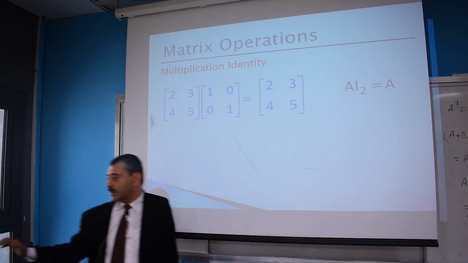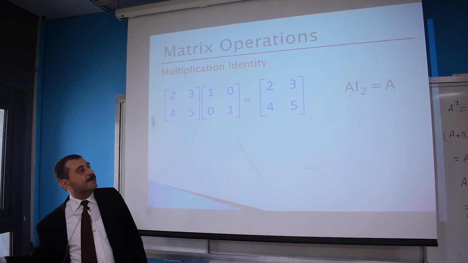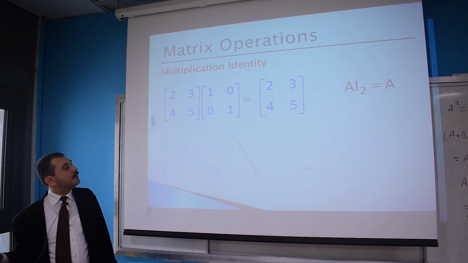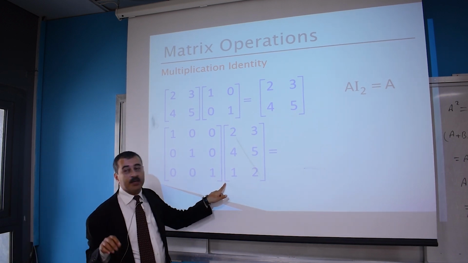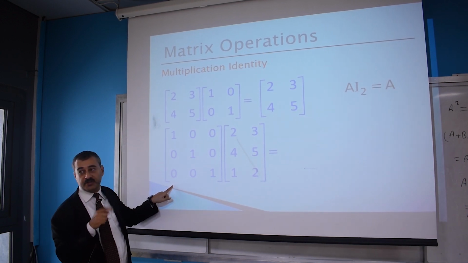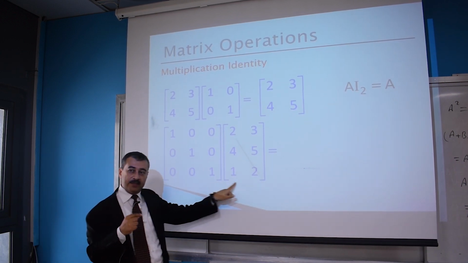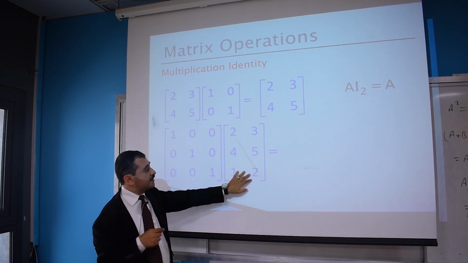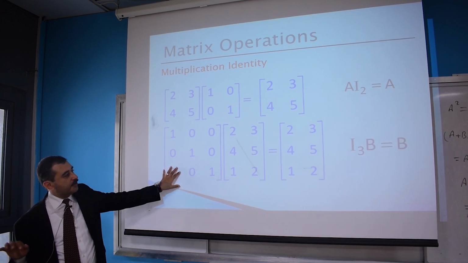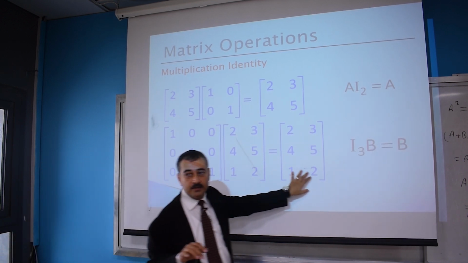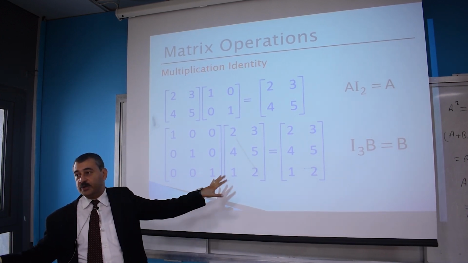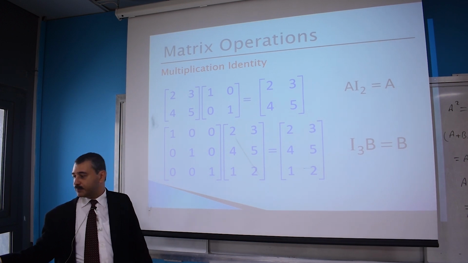Write just I2, and you will get the output as A. And if we have a matrix, for example, B that is 3 by 2, you can do left multiplication by an identity matrix, and it will be 3 by 3 for the multiplication to be valid. And we will get the same matrix B. So we say that I3 times B equals B. So this is our identity, and write it according to the dimension for the multiplication to be valid.